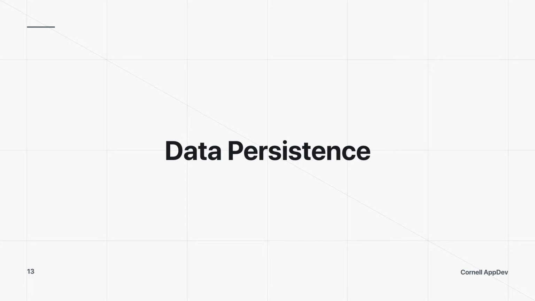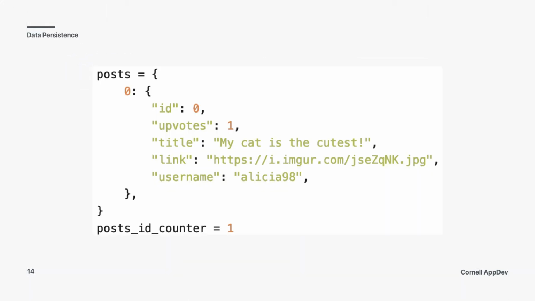So one problem that we came across, that you might already know from doing the first assignment, is data persistence. The issue with our previous implementation of a database is that we used a Python dictionary. We had to manually add in data by using a counter that we incremented ourselves to ensure that we had data that was uniquely added to our database, or quote-unquote database.